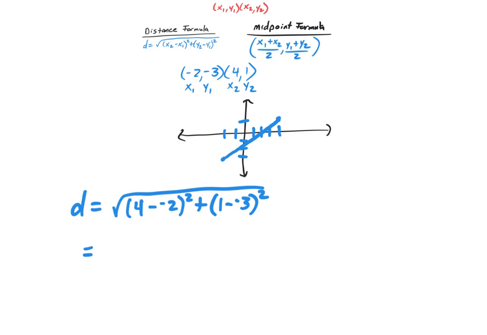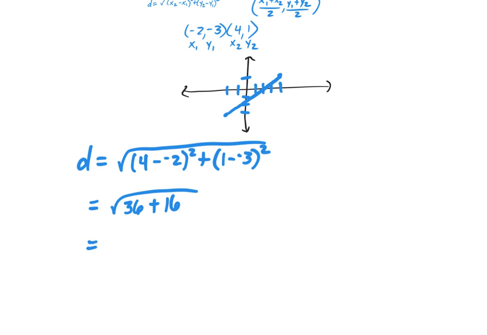And then when we subtract the negative, 4 minus -2 would really be 4 plus 2, which is 6. And then 6 squared would become 36. And then we have 1 minus -3, which is really 1 plus 3, which is 4. 4 squared would become 16. And that gives us radical 52.